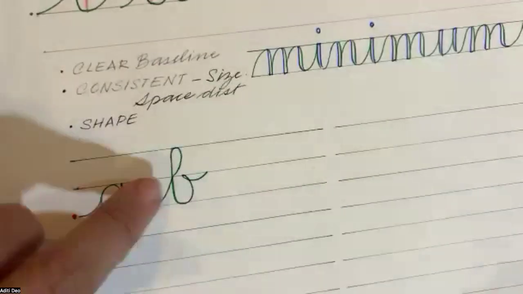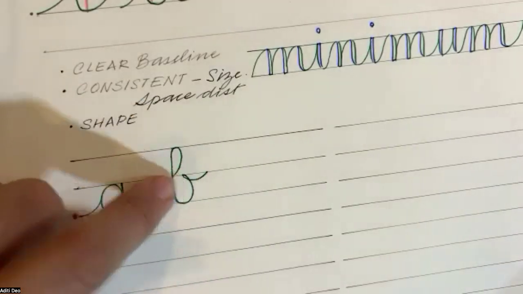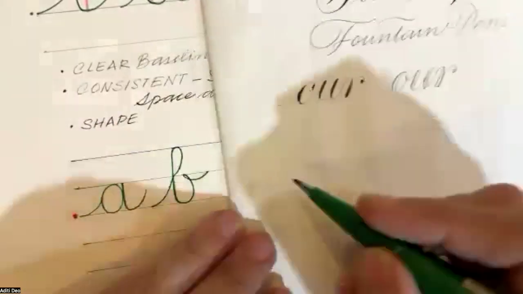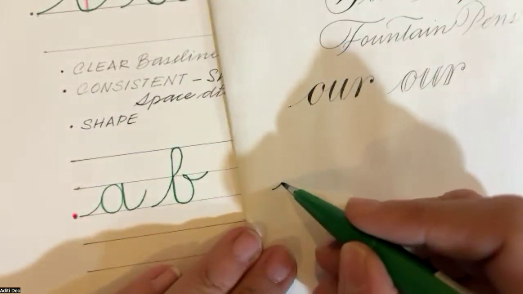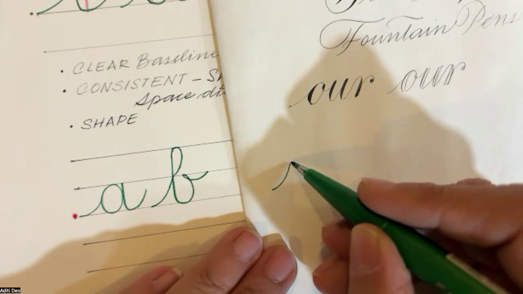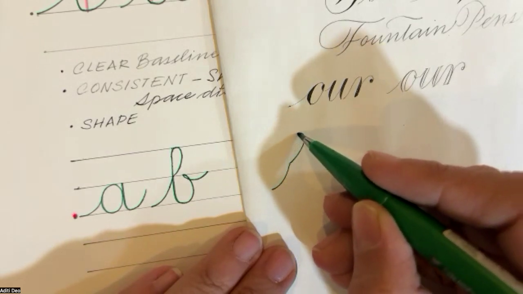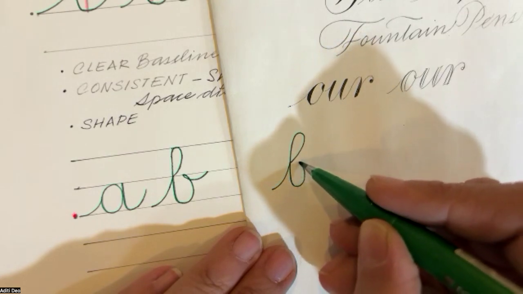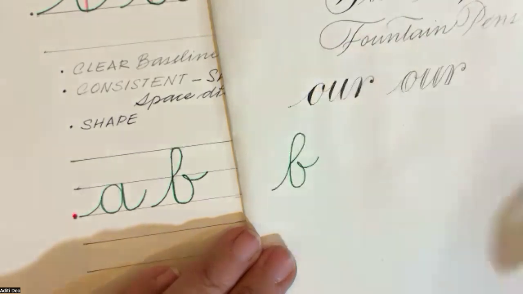Now this seems to be a very tedious way to write a B. So eventually you will write a B like this. It will go up. You will change the angle and make your loop like this. Come straight down. That's what you're going to do.